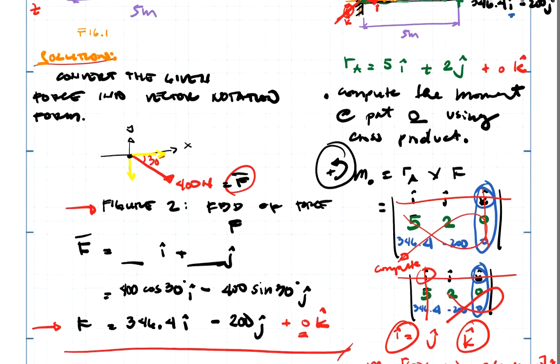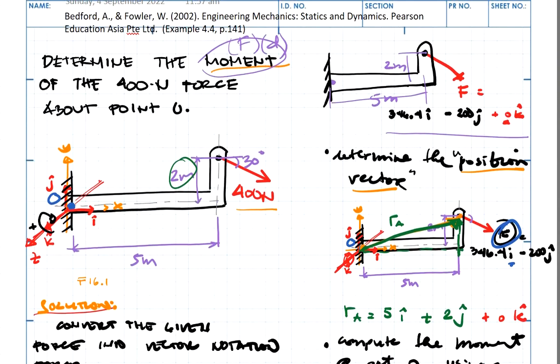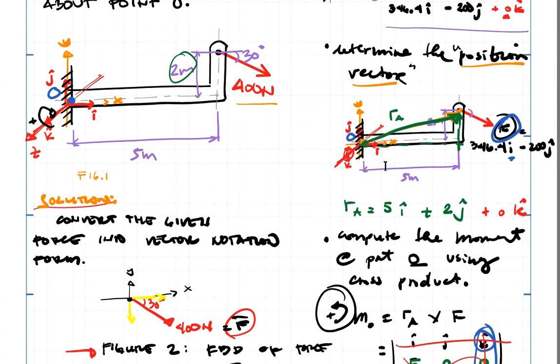Then after that, since our moment depends on the force and the distance, we need to determine what we call the position vector. We call it RA, and the position vector goes from this point of rotation, point O, up to the position of your force. The I and J components are 5 meters going this way and 2 meters upward.